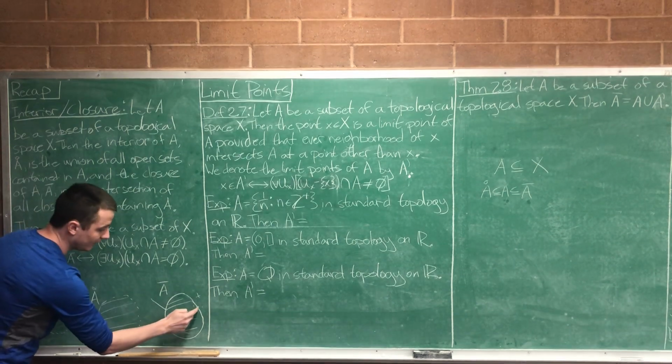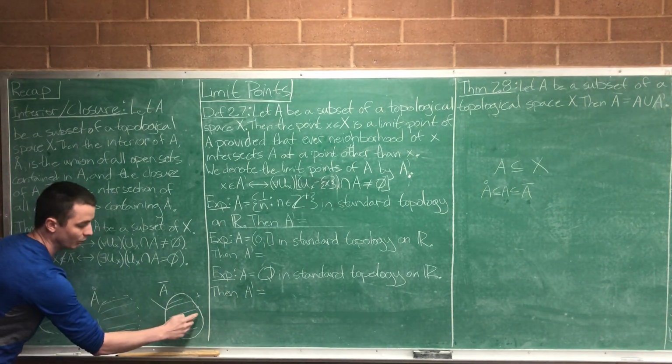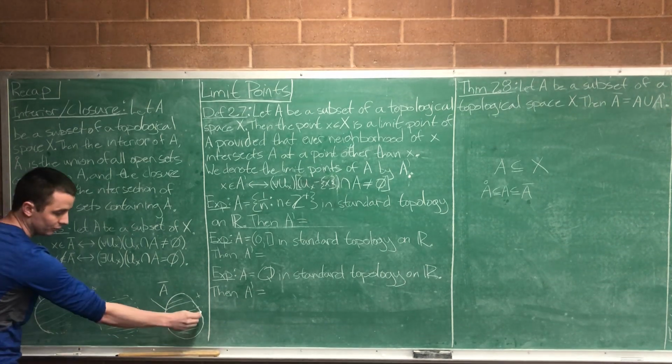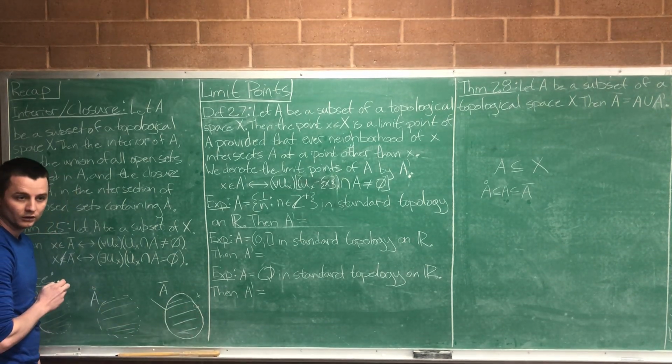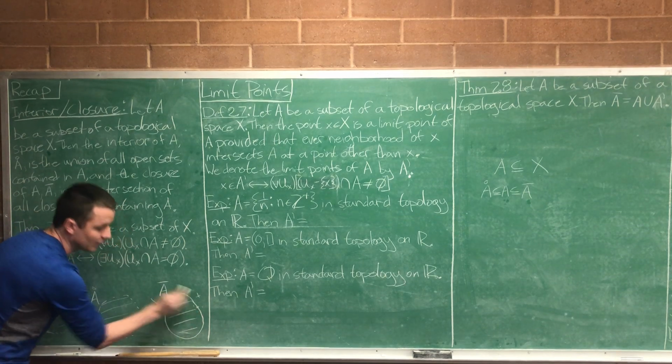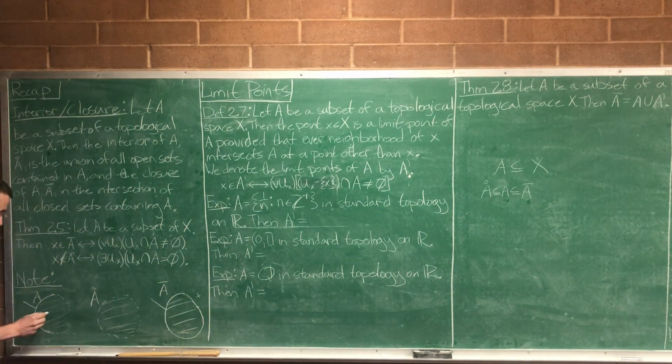And notice since X wasn't in A, it's not enough that that open set has X. It has something besides X, since X was one of these weird boundary points. So X is in the closure of A if and only if every possible open set you can make around that point intersects A. That's what this is saying.